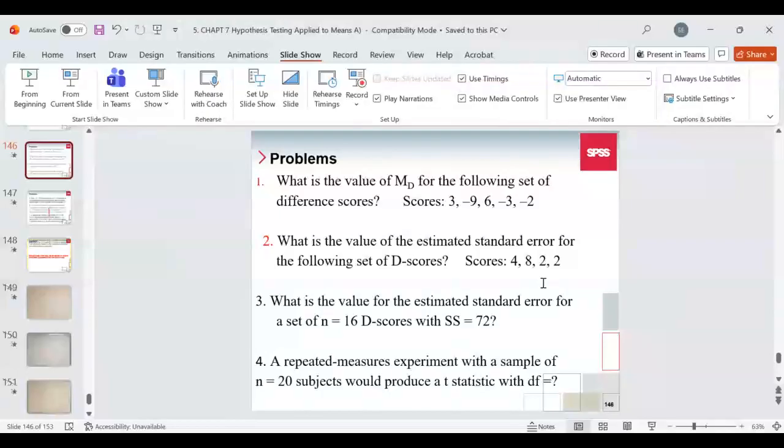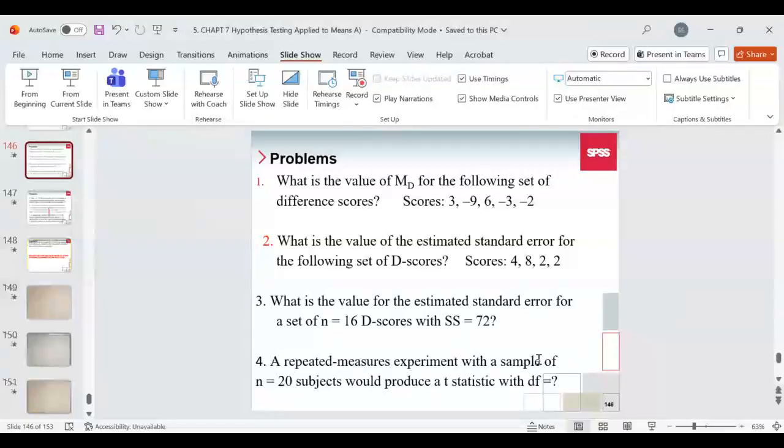Once you got that, then you calculate the variance. Variance is SS over DF. N is 5, DF is 4. So that value divided by 4 gives you the variance. So estimated standard error is the square root of variance divided by N, which is 5.